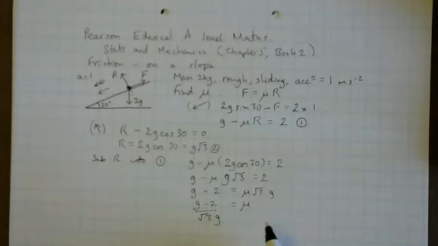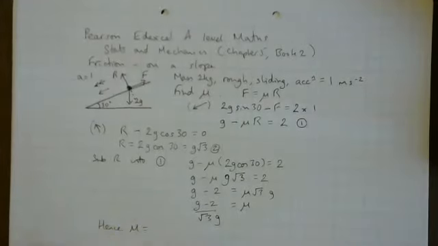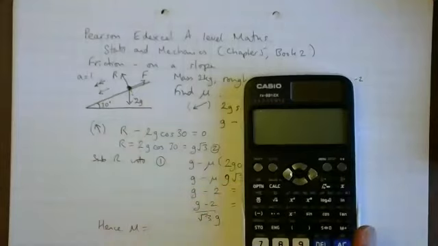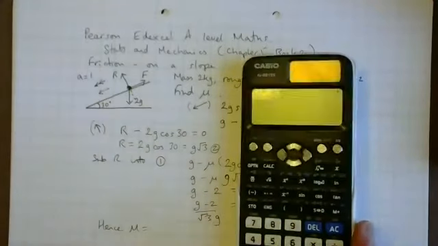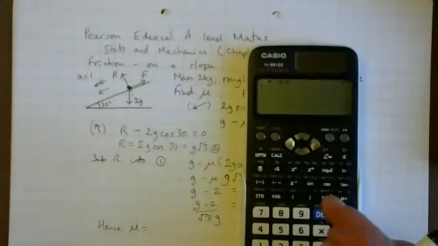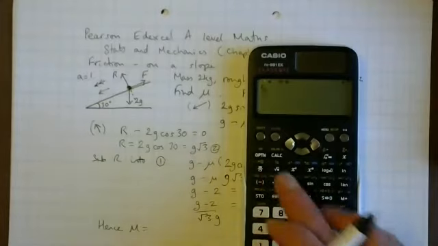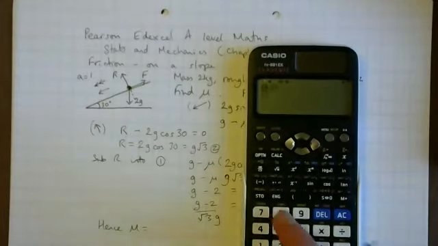Let's work that out. Hence, mu equals, grab your calculator, let's work out the numbers. Fraction 9.8. It tells you in the exams to use 9.8, so use it.